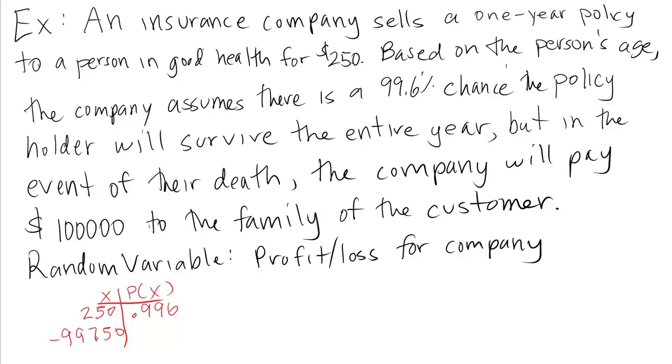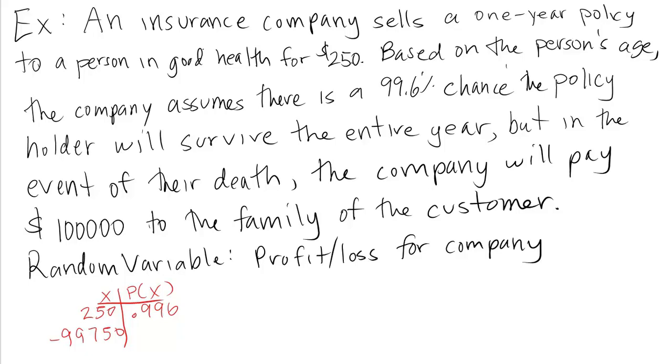You'll notice that we weren't given the probability that the person dies, right? That's not given anywhere in the problem. But we can deduce it, and we can think of it in two ways. Thinking back to the previous chapter, these are complementary events. He either lives or he dies. And so the probability that he dies is 1 minus the probability that he lives. That's the complement rule.